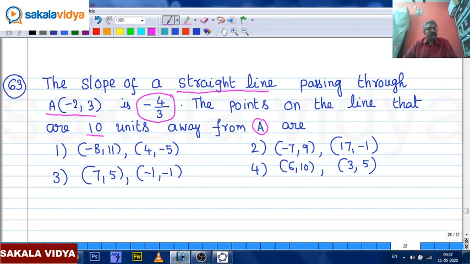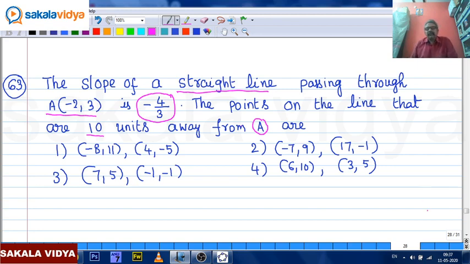But here we need to find sin theta and cos theta with the help of the slope. Slope means tan theta is given, and with tan theta we first find sin theta and cos theta. A coordinates are x1 comma y1, and 10 units means r is equal to 10.